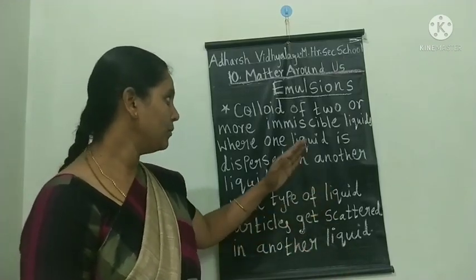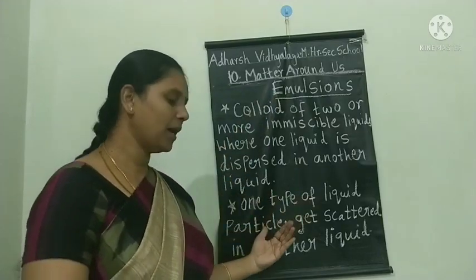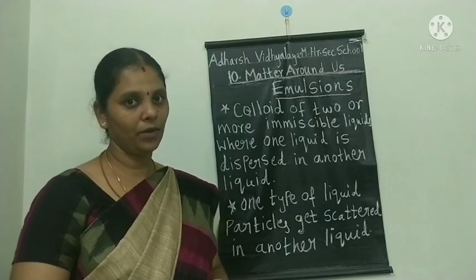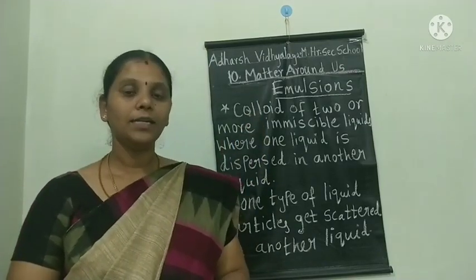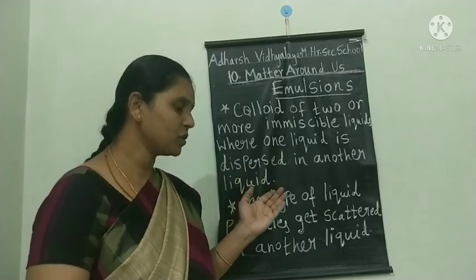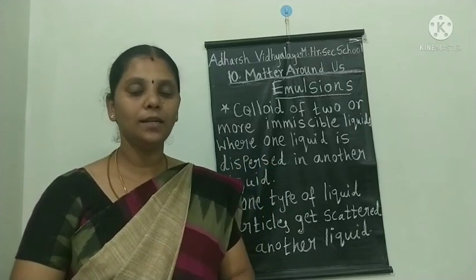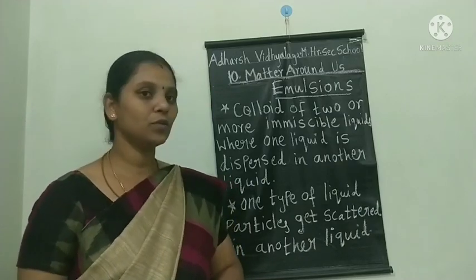An emulsion is a special type of mixture that consists of two liquids. Actually the two liquids won't mix with each other, so that is called an emulsion.